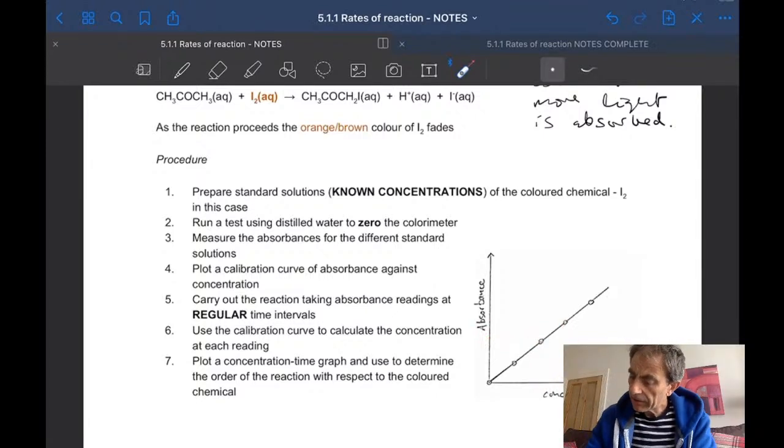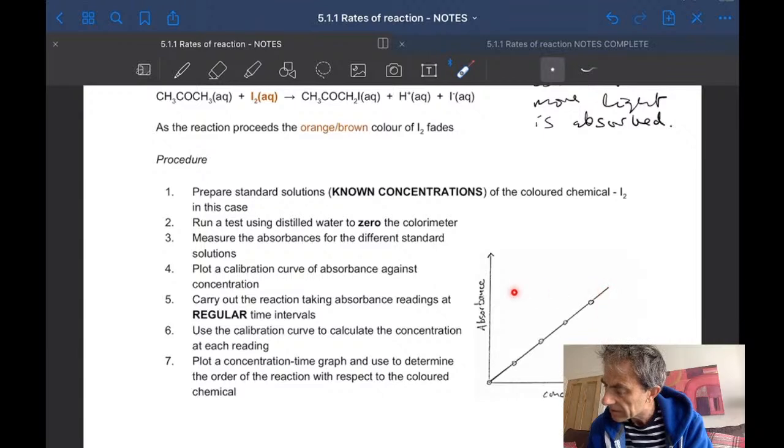You would then carry out the reaction and take absorbance readings at regular intervals. Once you know the absorbance readings at your regular intervals, you can read off your calibration curve. So for example, let's say after 1 minute the absorbance was right up here. That's telling you that the concentration after a minute was there.